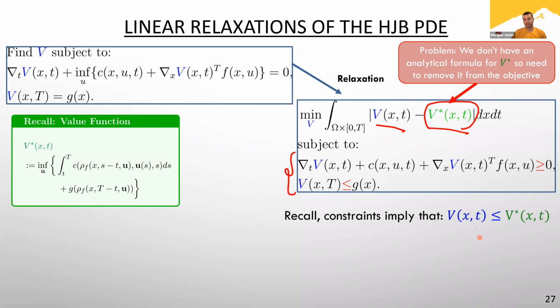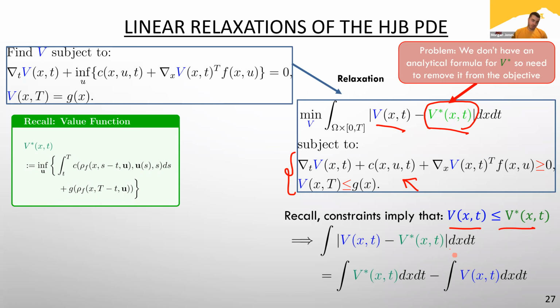However, from the previous slide, we'll recall that if V satisfies these constraints, so it's feasible to the above optimization problem, then it's less than or equal to the true value function. We can use this fact to reformulate the objective function by removing these absolute value signs. And now the objective function has two components.